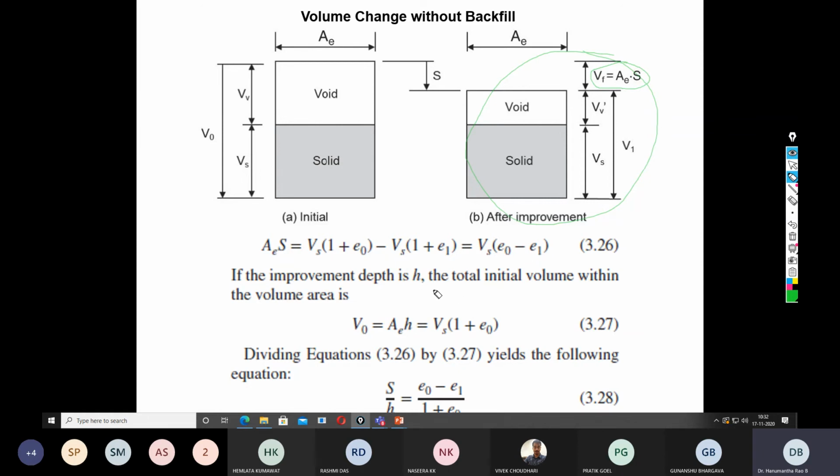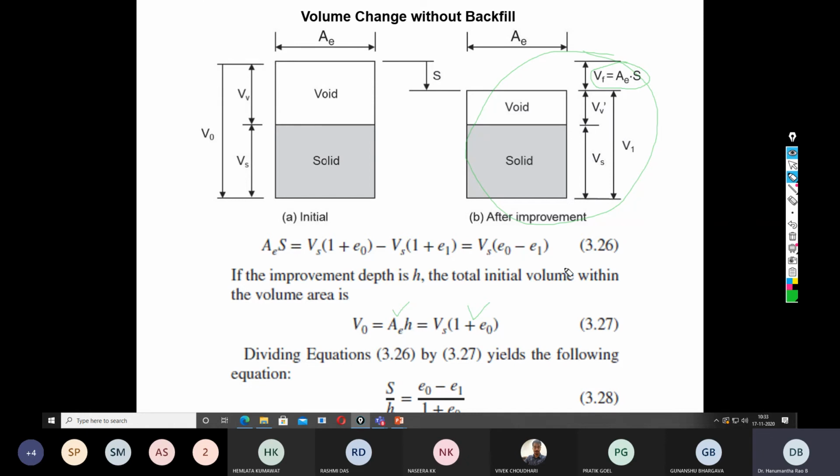But we are dealing with a certain depth of soil, that is, the improvement depth H, which is related to the initial volume of the soil sample. So V naught is equal to AE into H, which is nothing but again the initial volume Vs into 1 plus e naught, where e naught is the initial void ratio. Both are volume terms, but this is the initial volume in terms of the void ratio, and this is the initial volume in terms of the geometry.